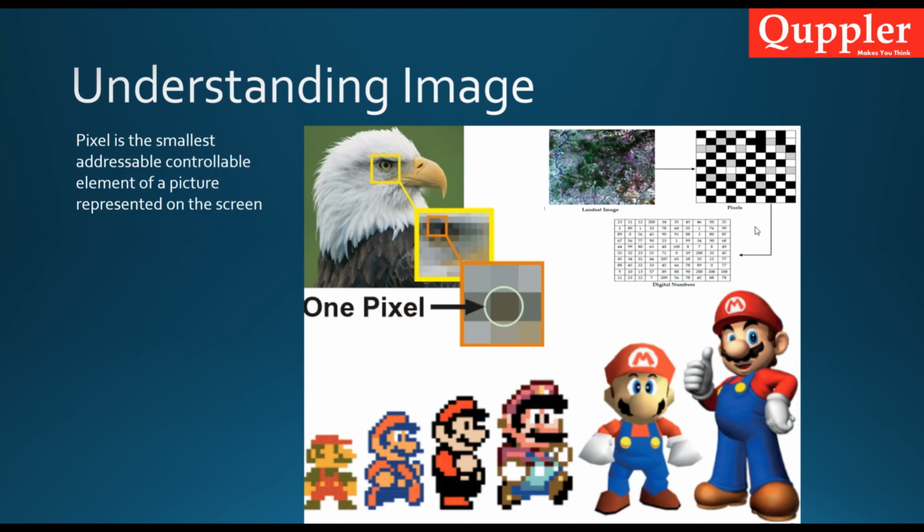Normally, if you read any image in a very sequential manner, either way we can read the image. So each particular image consists of a number of pixels, the smallest unit, which we call a pixel, and each pixel stores some data, which we call the digital number.